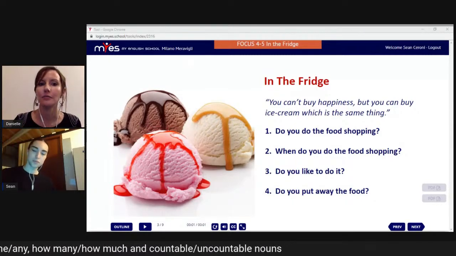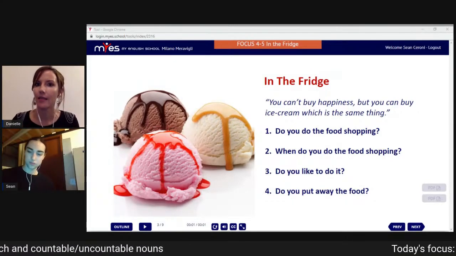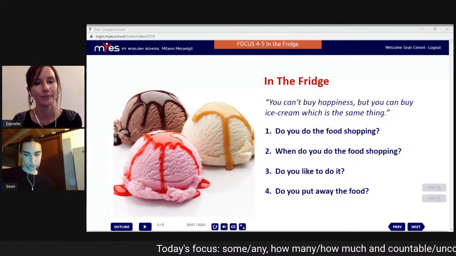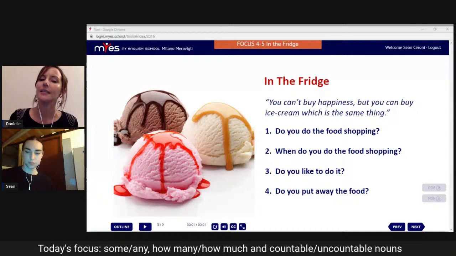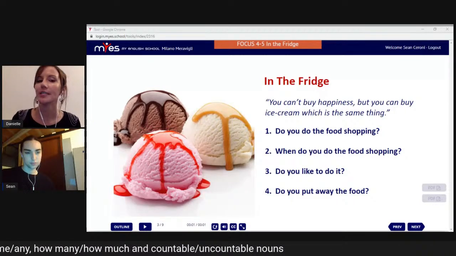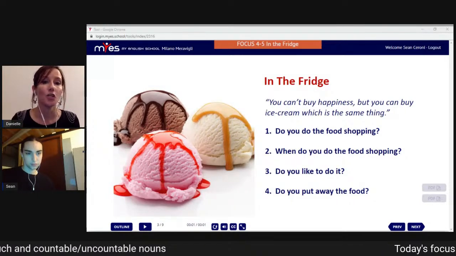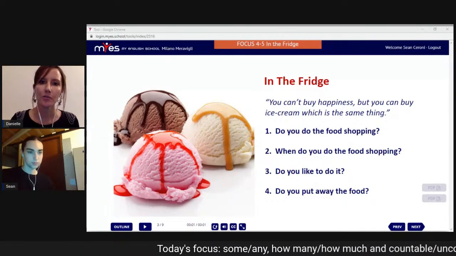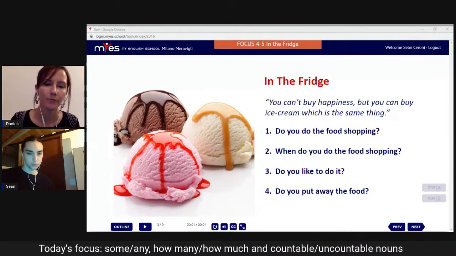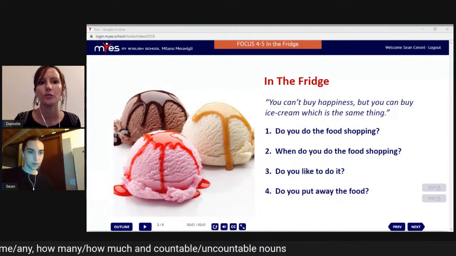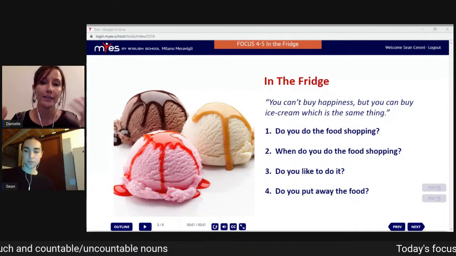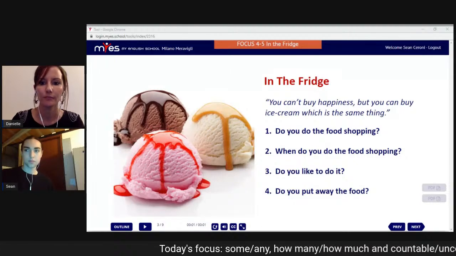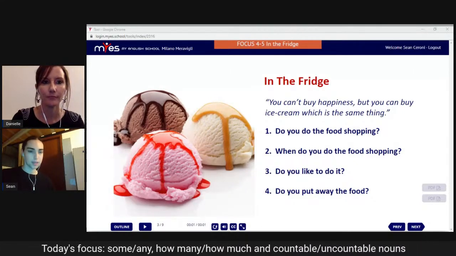For example, if you put away the milk, you place the milk in the fridge, or you can use it in the bedroom. If you put away the clothes, you put the clothes in the wardrobe. So you move something where it should be, where it belongs in its home. Yeah, exactly.